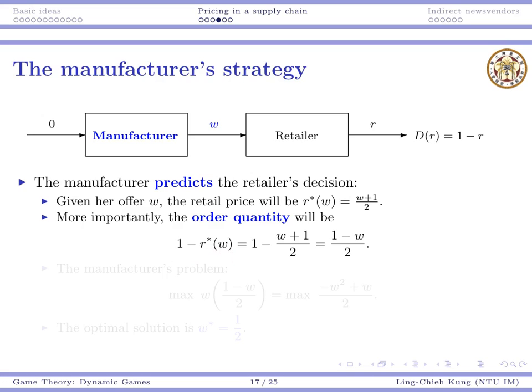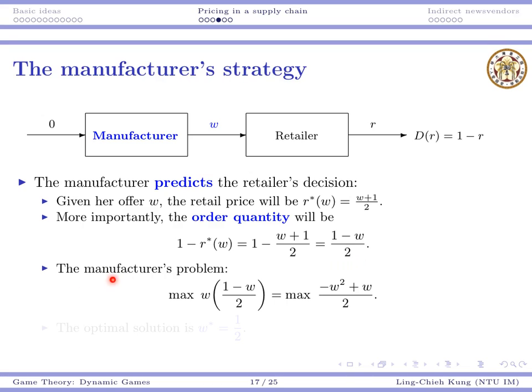So I can plug in W and I'm going to see that when I increase my wholesale price, the demand is going to become smaller, naturally, because even though the customers do not see the wholesale price, when my wholesale price becomes larger, the retail price will also become larger, and that's going to hurt the total demand.